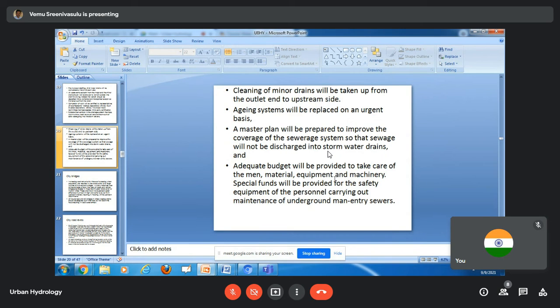Still that is there. There should be the latest technology equipment, some robots, some sensor systems, adopted for the cleaning of this drainage system. In advanced countries maybe it is there, but in India this type of technology is yet to come.